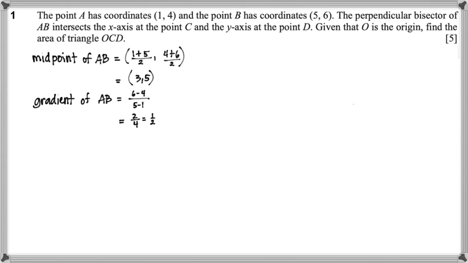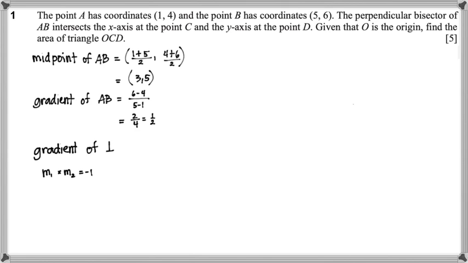Since we know already the gradient of AB, we can also find out the gradient of the perpendicular line. Once again, we multiply the gradient of AB by the unknown gradient of the perpendicular, which is equal to -1.